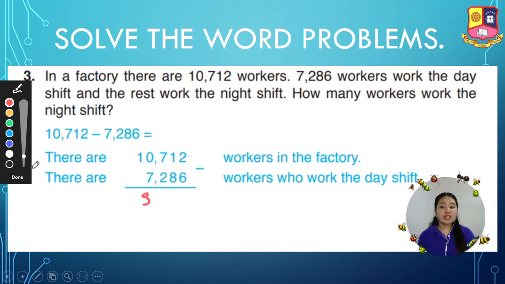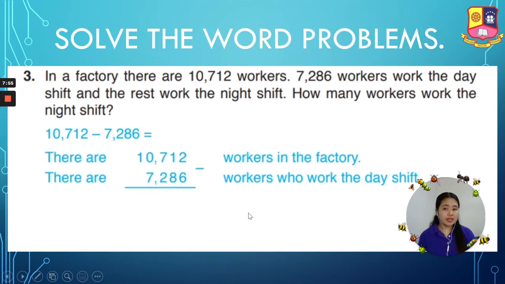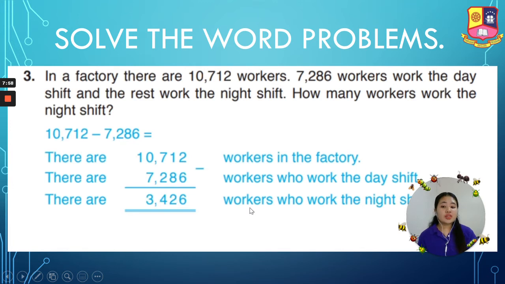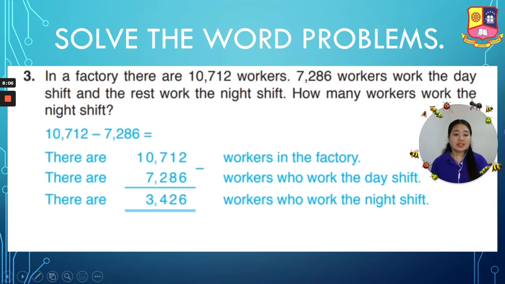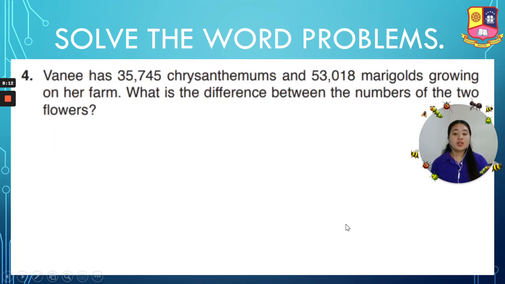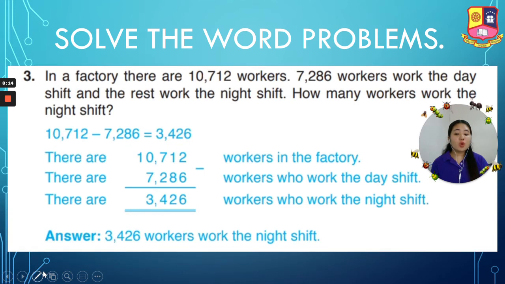Okay, so the final answer for number 3 is there are 3,426 workers who work the night shift. So the answer on number 3 is 3,426 workers work the night shift.